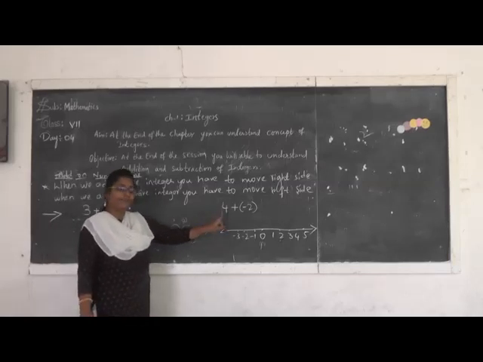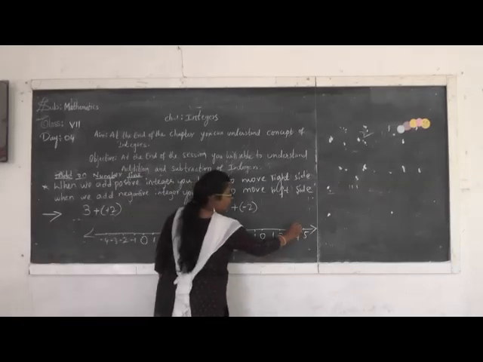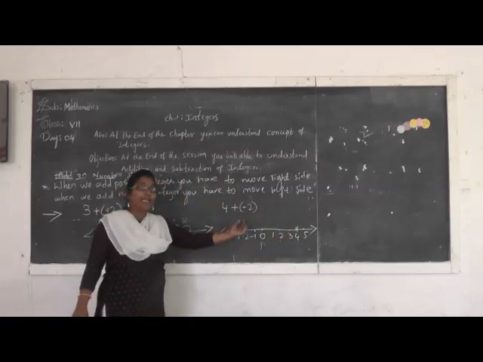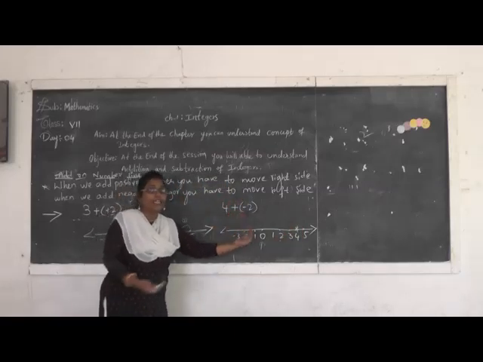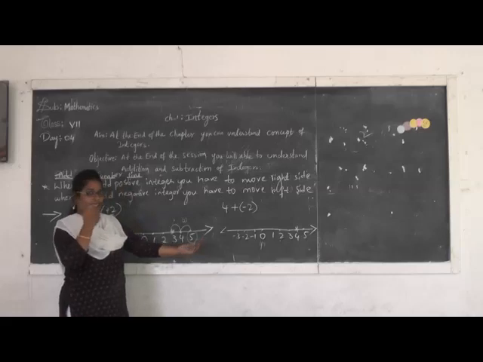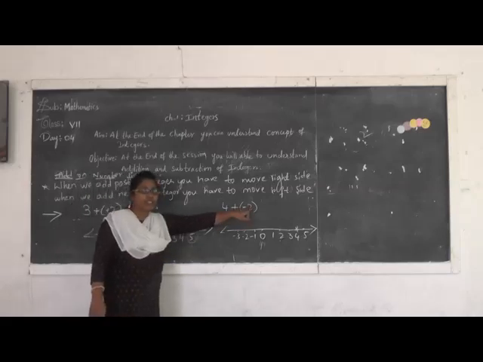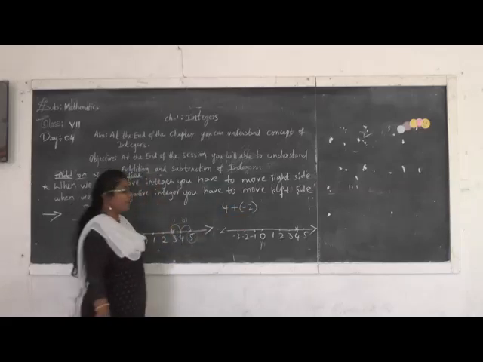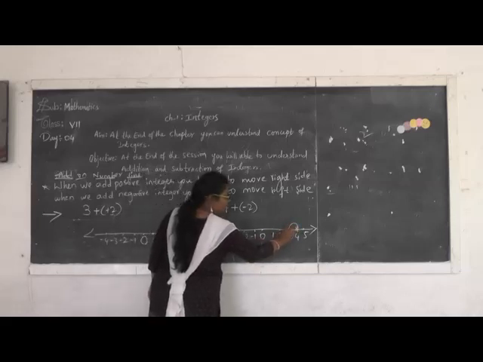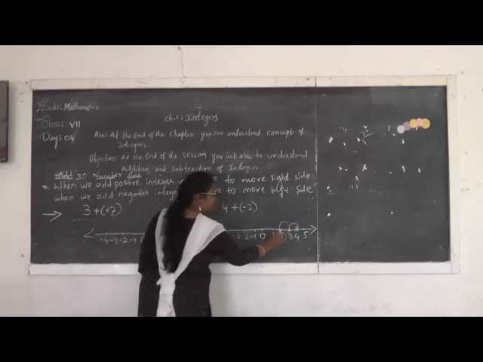Now start from 4. What are we adding? Negative. If we are adding a negative, we should come towards the left side direction. How many steps? 2 steps to the left. 1, 2. So the result is 2.